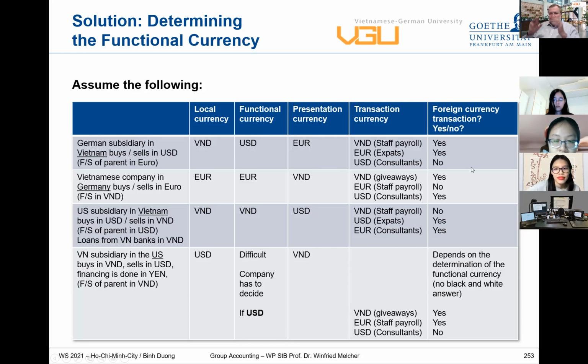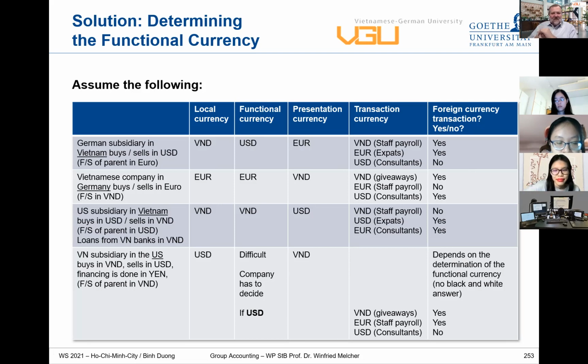Okay, so you just look at it and say, what is the functional currency? That's the one that the company has determined and has to agree with the auditors. And then when there is a transaction in a different currency, well, that is a foreign currency. It's as easy as that.